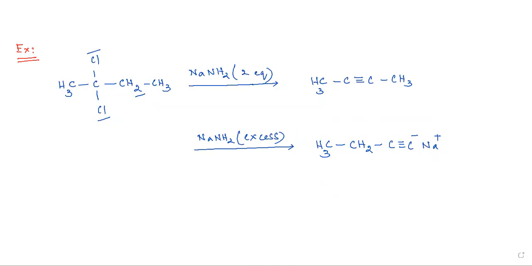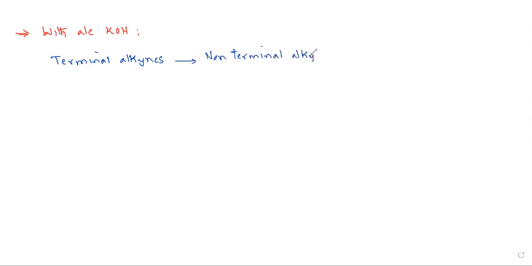Then let us see the next variety, that is alcoholic KOH. See with alcoholic KOH, yes, we know that the terminal alkynes are converted into non-terminal or internal alkynes.